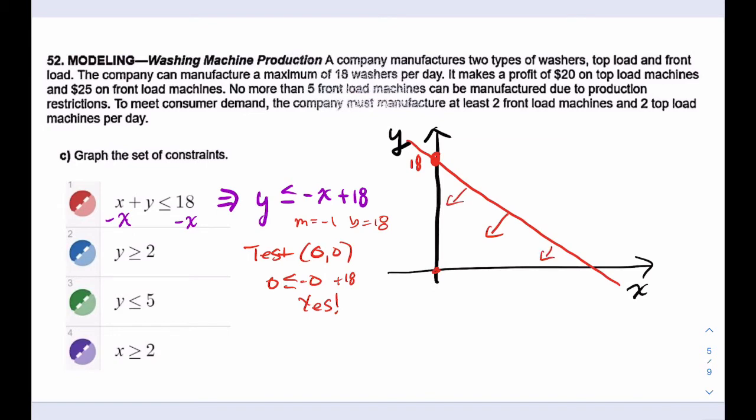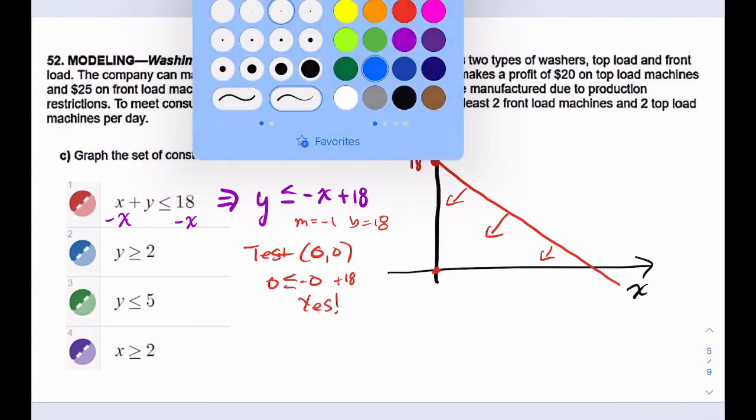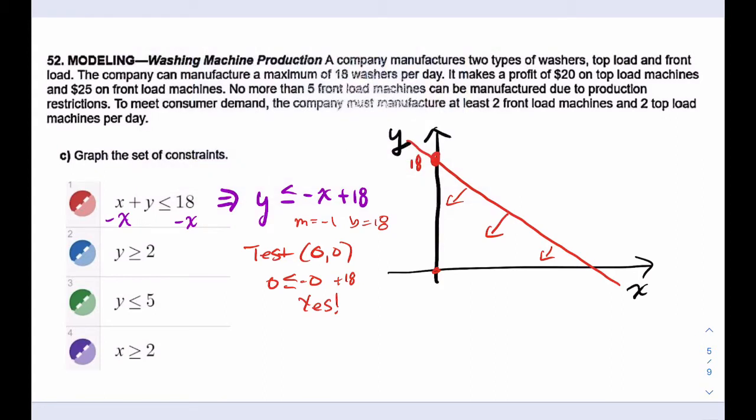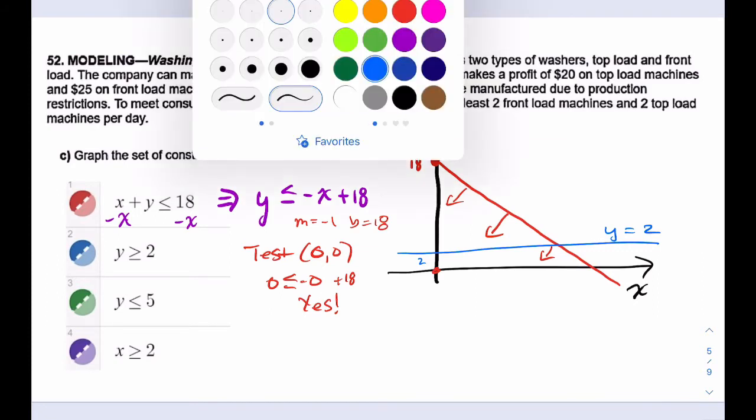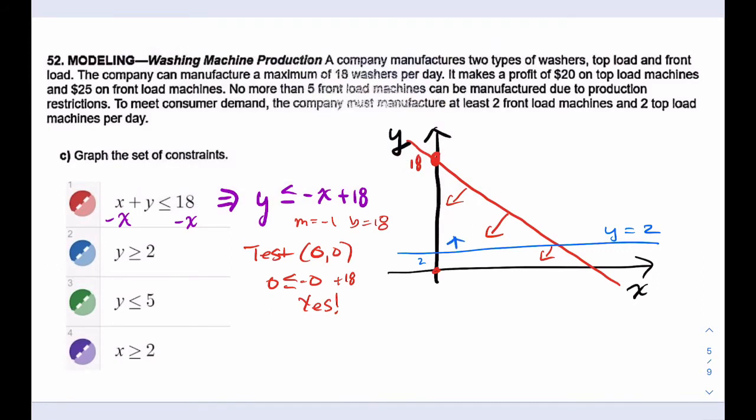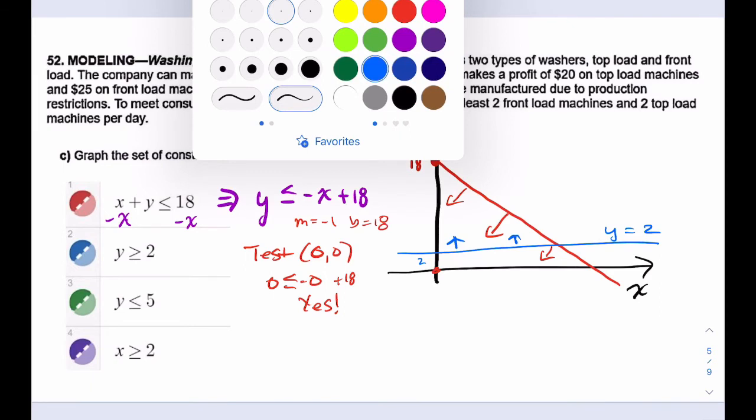Next, we're going to graph all y's greater than or equal to 2. So there's y equal to 2, and all things greater than or equal to are in that direction. And then all y's less than or equal to 5.